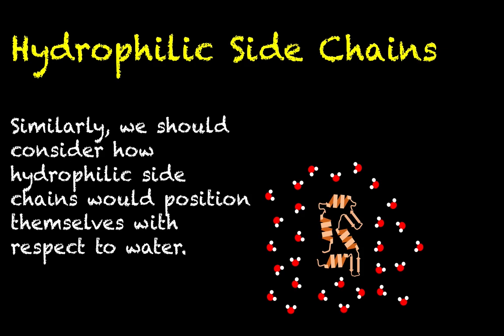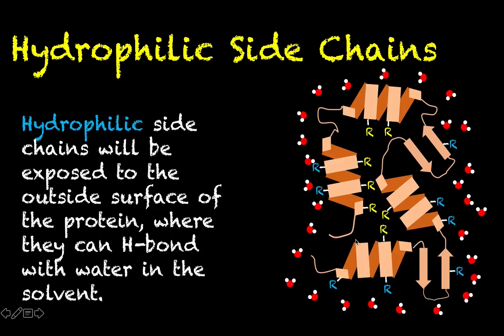Similarly, let's look at what this means for hydrophilic side chains, like threonine and serine and glutamine. So for hydrophilic side chains, again, we're talking about a soluble protein that is surrounded by water. The hydrophilic side chains are going to want to stick towards the exterior of the protein so that they can point towards the water that is in the solution or the bodily fluid solvent.